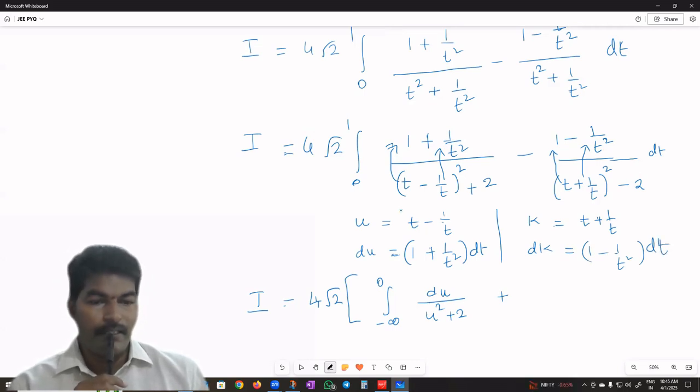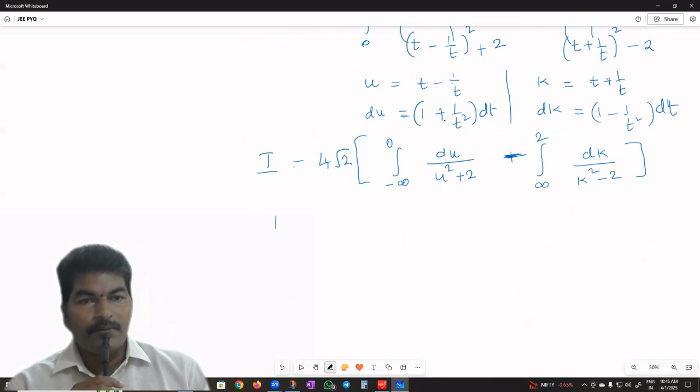Okay. And limits are also changing from infinity to 2. And minus will be there. Minus is there, no? Minus integral infinity to 2. Now, if you do integration, then it will be 4 root 2.